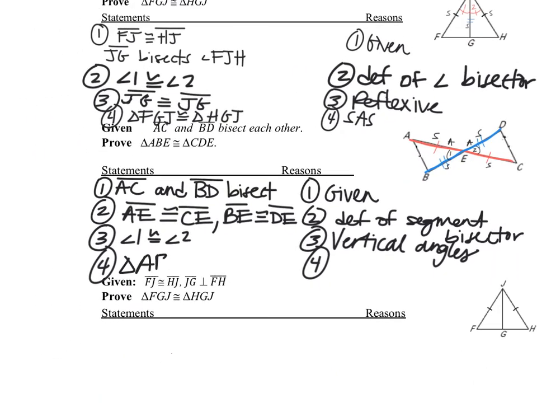Triangle ABE is congruent to triangle CDE because of side angle side. We have one more. You can write down your givens.